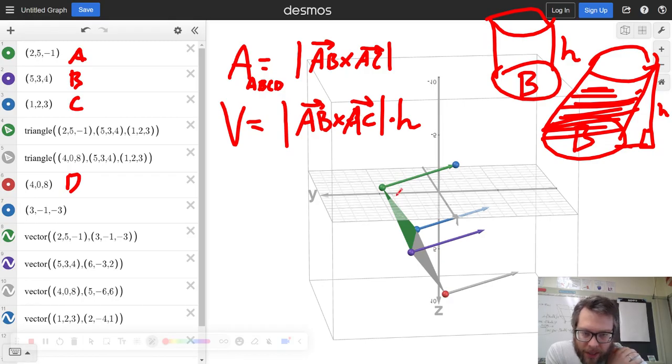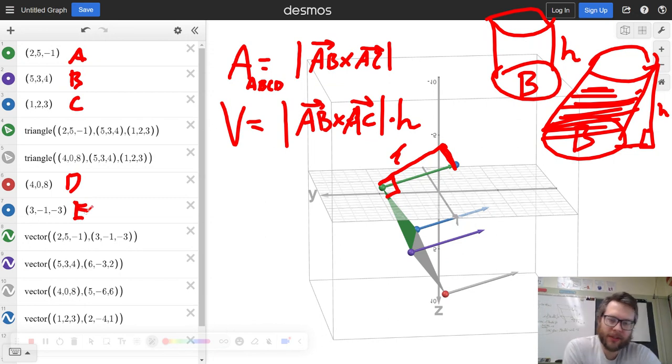So if I have my parallelogram right here, I need to draw a right angle and then create a side length like this that is equal in height to where this point E is, right there. So I somehow need to use the coordinates of E to figure out the height of the parallelepiped.